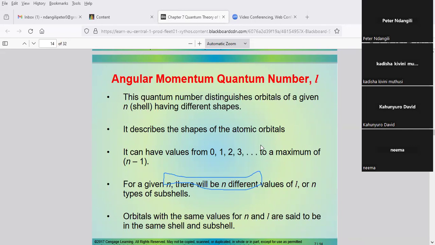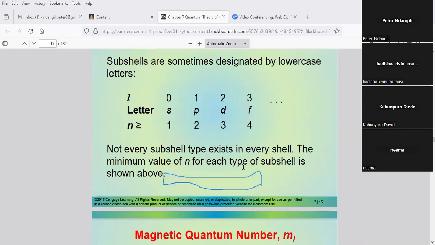And when it is 3, we designate it by a small f, and we call it an f orbital. And that is what we are showing here. Is it clearer now? Yes, it is.